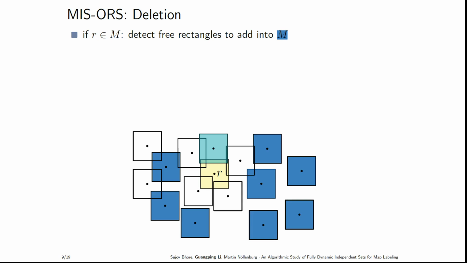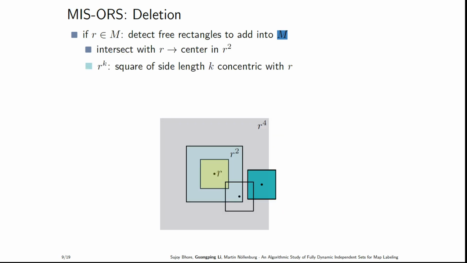These new free rectangles must intersect with this deleted rectangle R, and in graph terms, we observe that the neighbor rectangles of R have their centers in square R2, which is a square with side length 2 and concentric with R. And if one rectangle intersects a neighbor of R, say a rectangle in the second neighborhood of R, its center must be in the square R4.